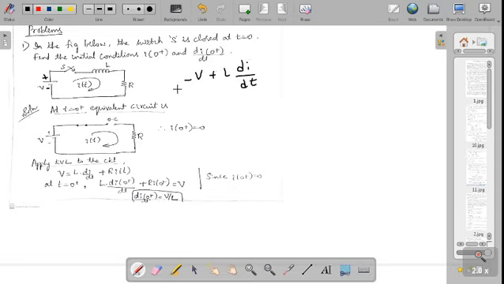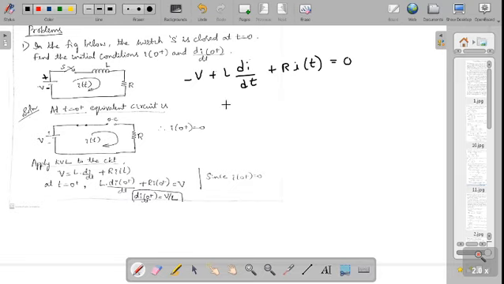Then the voltage across the resistor is given by plus R into I of t. So this is the voltage across the resistor, and the sum will be equal to 0. This is the equation which you get after applying KVL to the circuit.